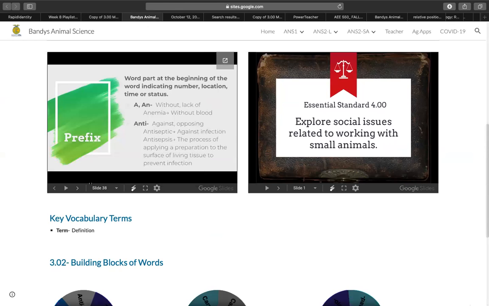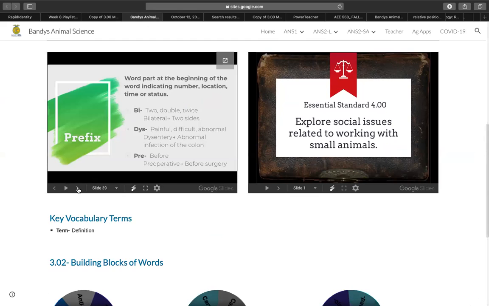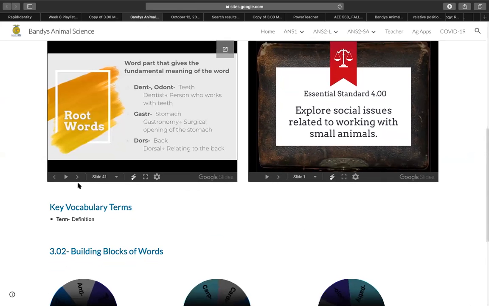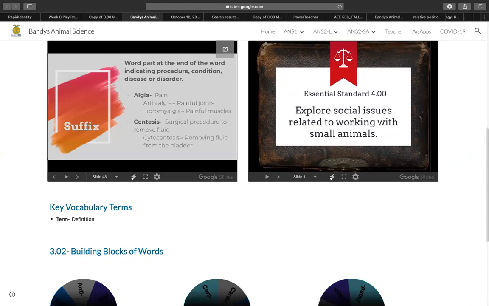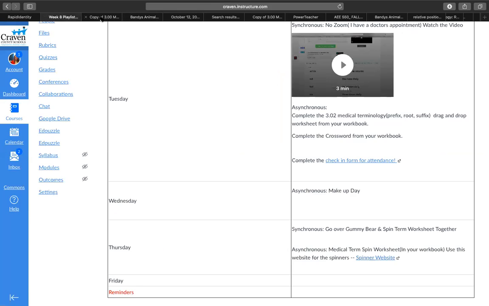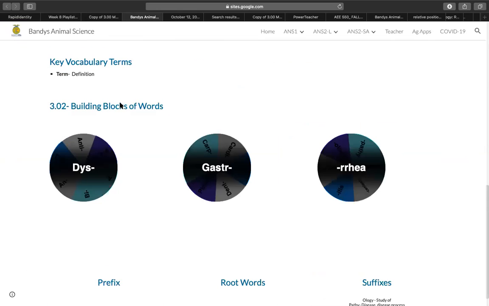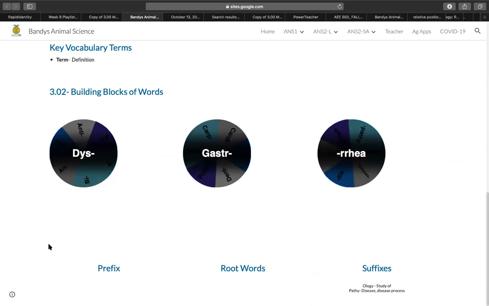Is my spinner page not working? The new one that I put up still doesn't work? Did you put it in the playlist? Yeah. Oh, yeah, it's not working. I don't know why it doesn't work for y'all. What does it say when you click on it? Error. You just say error.